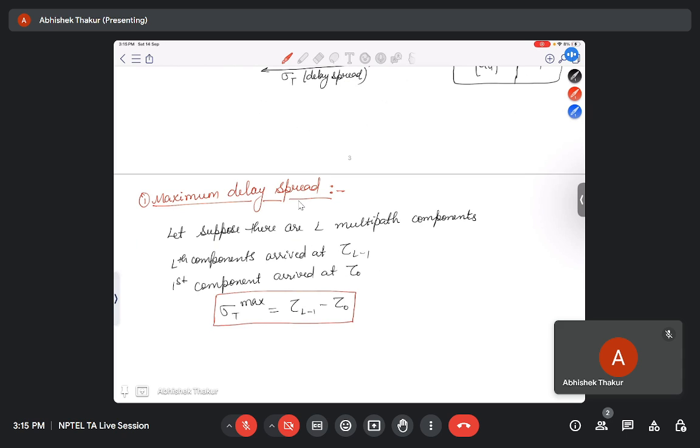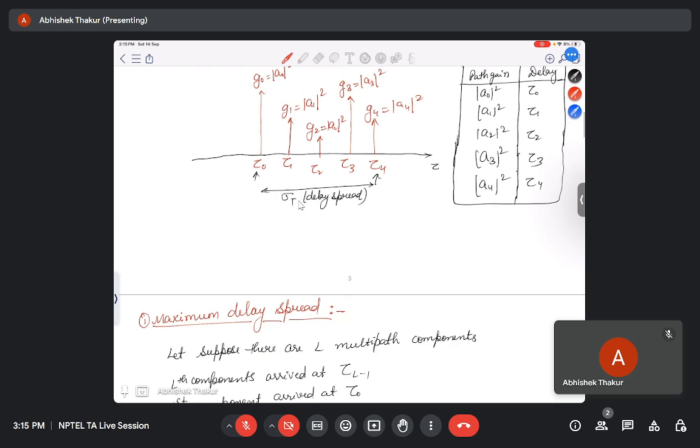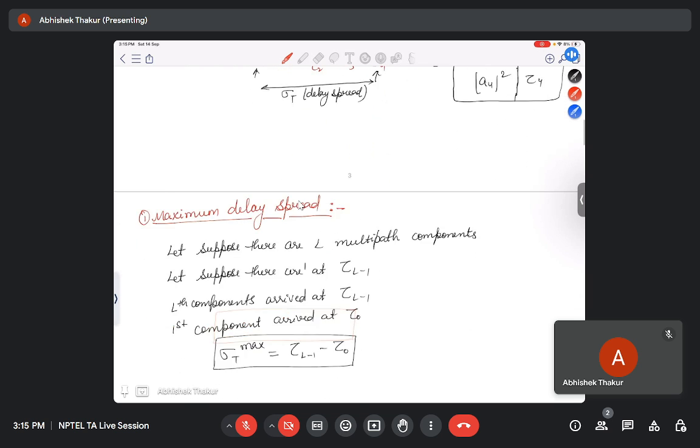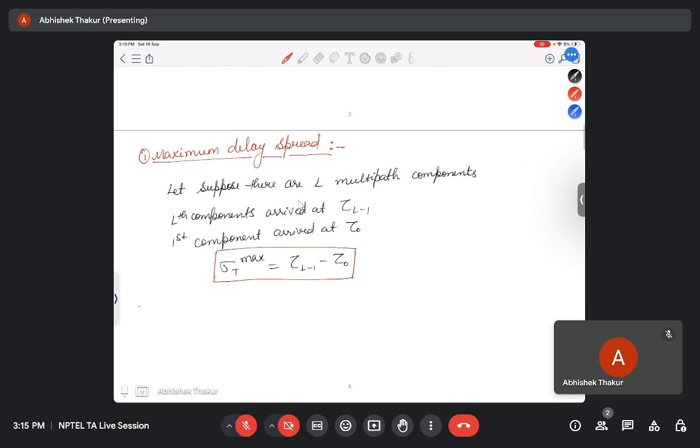So now let's suppose, like in the previous example, let's take an example.